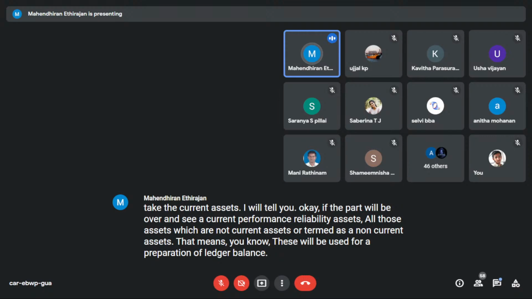Number two, note down: proposed dividend and provision for taxation given in the particulars, that means given in the balance sheet. Both opening and closing items, that means previous year and current year.